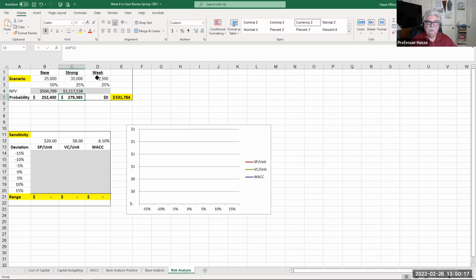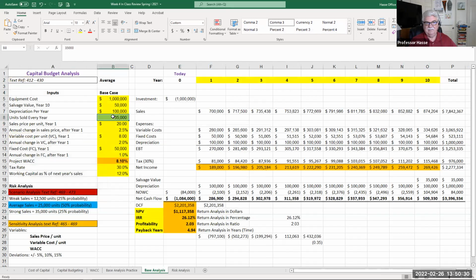Now let's go back and put in the weak scenario of a bad economy or a pandemic economy or a very competitive economy, 12,500 units, and put that into our base analysis. And this is the good thing where spreadsheets can help you. Spreadsheets can adapt to the changes in your variables because you set up the spreadsheet correctly. So let's put in 12,500 units here as an output level.